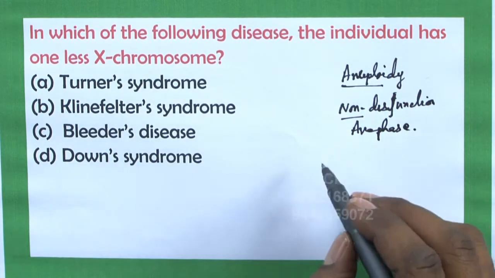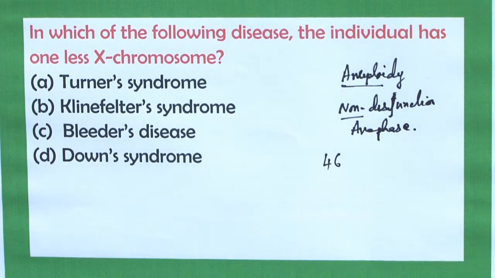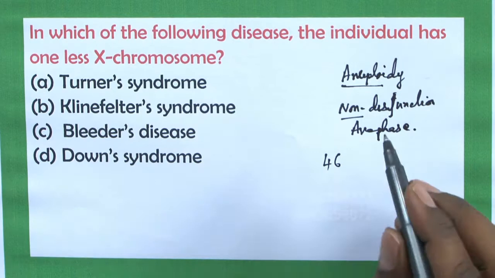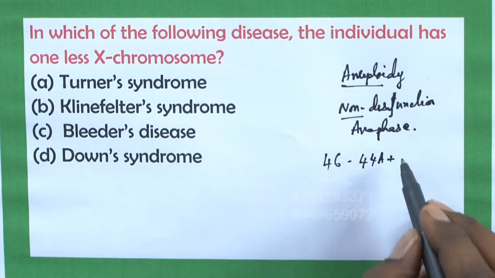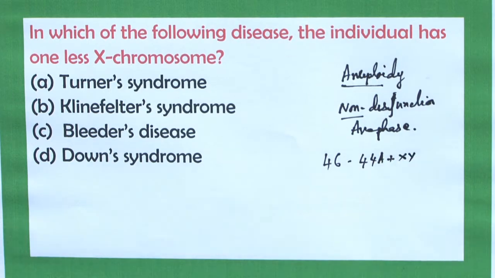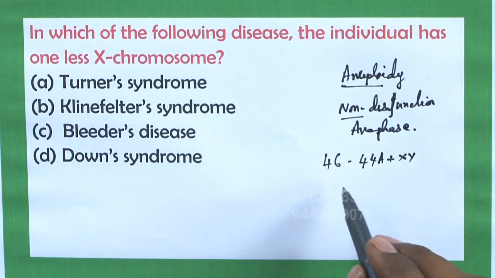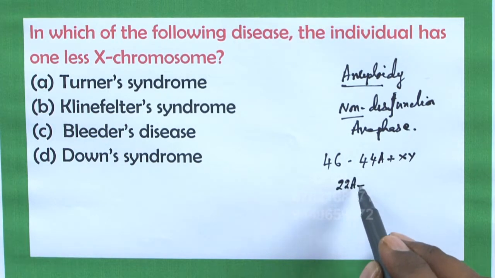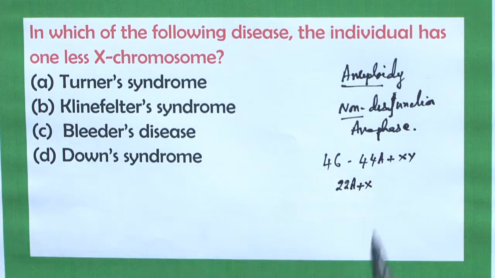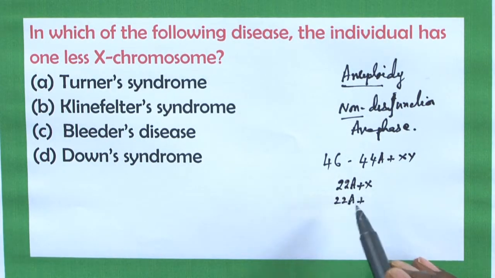For example, if there are 46 chromosomes in a reproductive cell, which has 44 autosomes plus X and Y chromosomes, and two gametes are formed, one gamete should receive 22 autosomes and one X chromosome, and the other gamete should receive 22 autosomes and one Y chromosome.